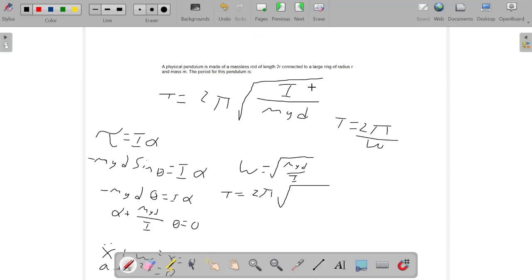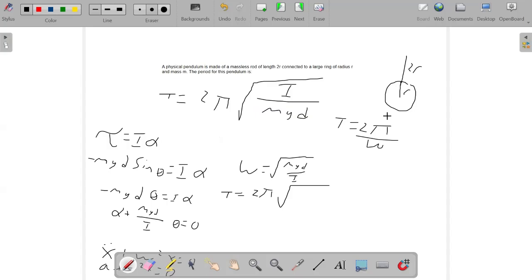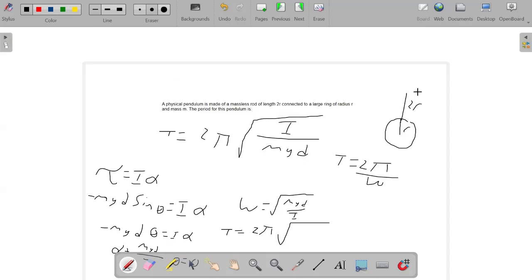So the inertia for this, I should draw this out. This is length r, and this is length 2r. So this is just going to be using parallel axis theorem and the inertia of a ring, a hollow ring.